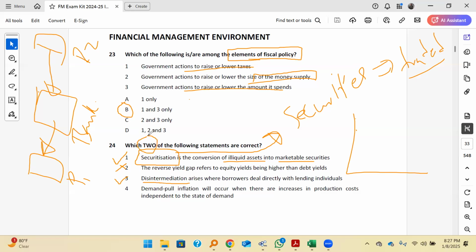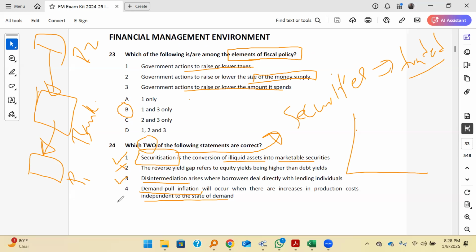But if you look at the other point, it's asking about demand pull inflation, saying that it occurs when there's an increase in products dependent on the state of demand. Of course, what that is describing is not demand pull inflation.